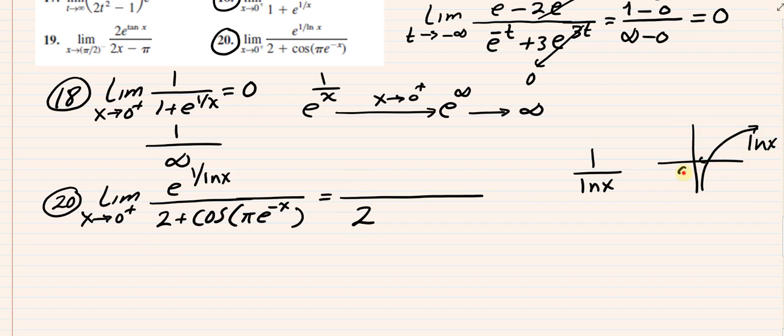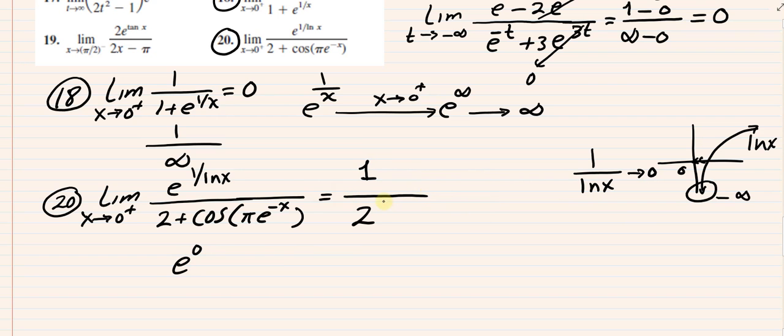As x approaches 0, the graph approaches negative infinity. So 1 over ln of x approaches 0, right? That's 1 over very large in magnitude, so it's going to be 0. And the numerator is going to approach e to 0, which is 1, true?